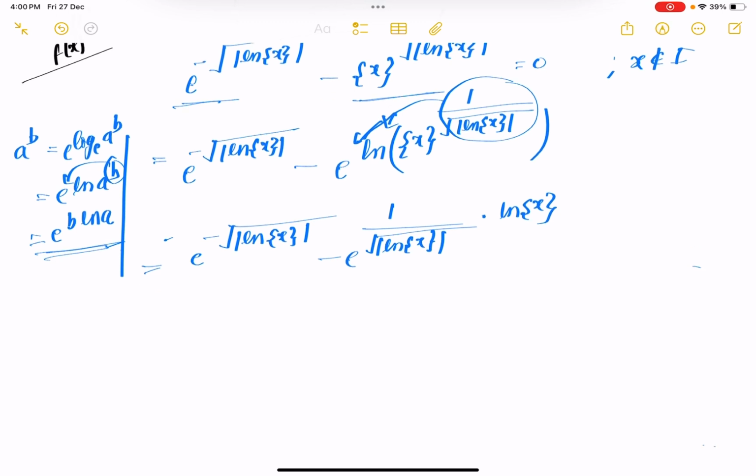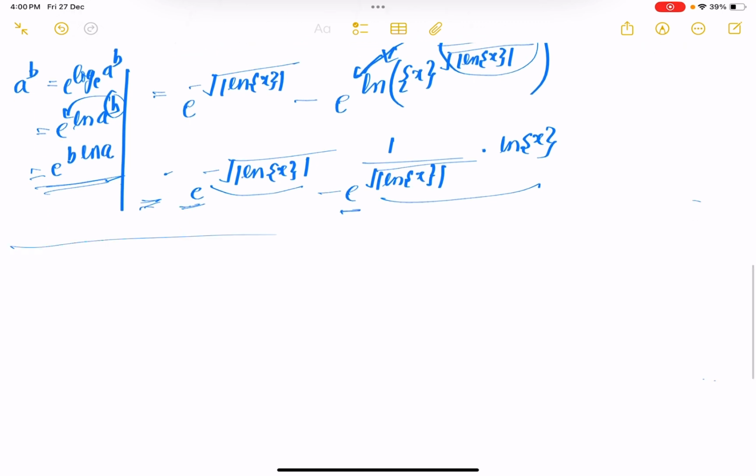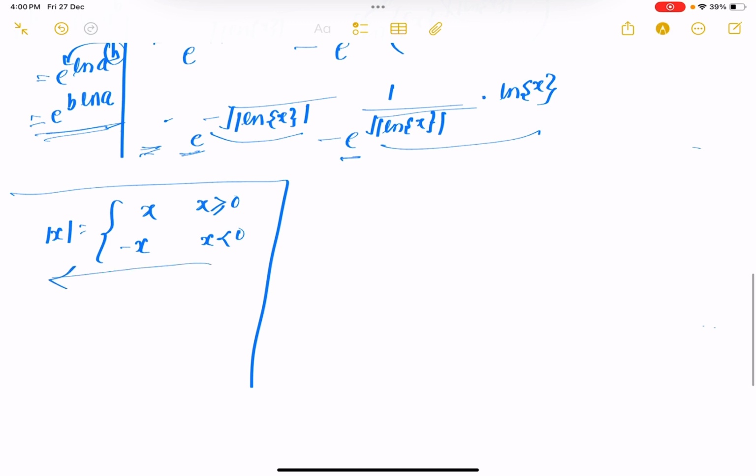Now the first thing we are able to do is that e and e become the same. Now this should also be equal to the same. But how is this going to be, the power is also going to be the same. So there is one very important property, which is we know that mod x can be written as x when the input is greater than or equal to 0, but it can be written as minus x when x is less than 0. So can I say I can also think in the reverse way?